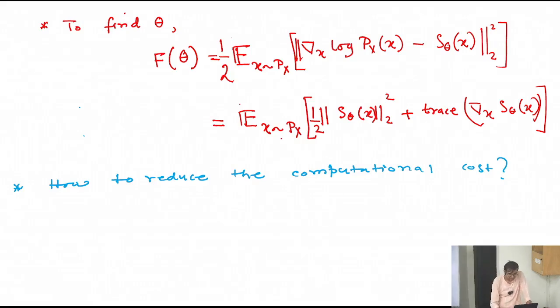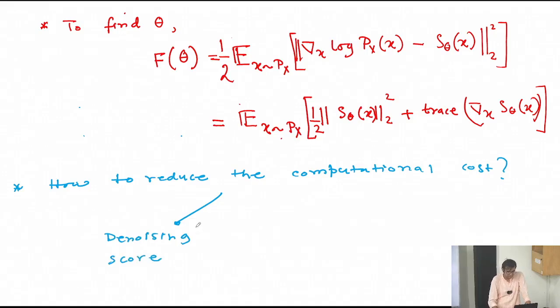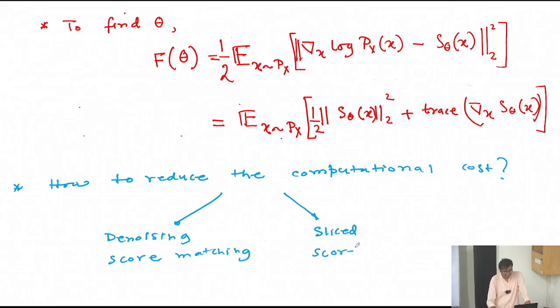We are going to talk about two, as I said. One is denoising score matching. The other one is slice score matching, or slicing score matching, whichever you like.